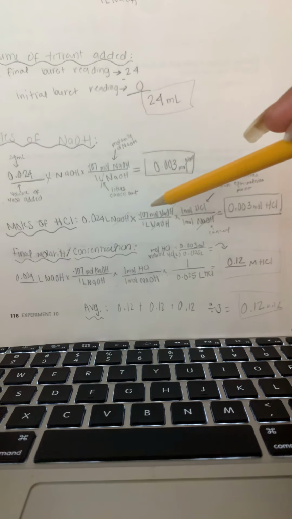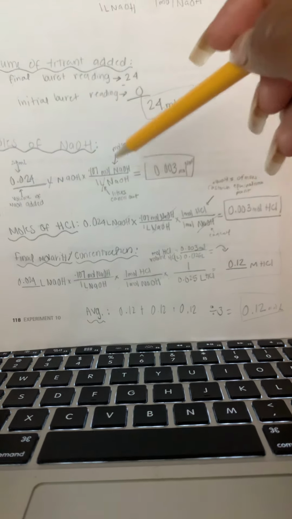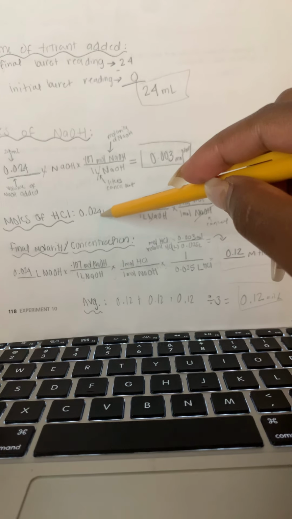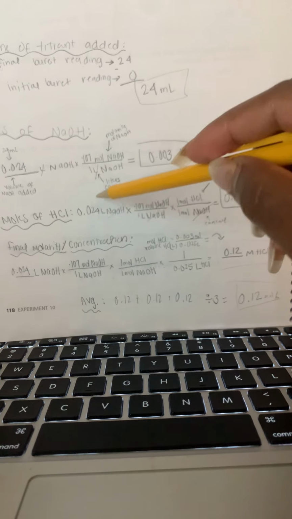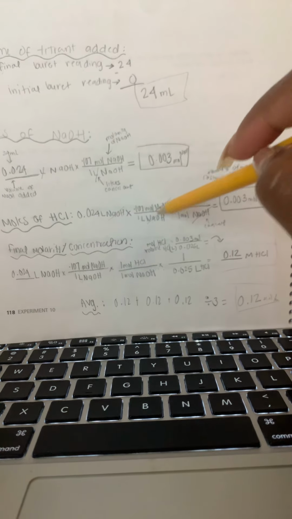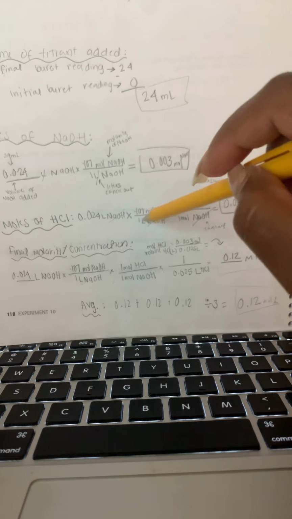Now for the moles of hydrochloric acid, we took the liters of the titrant, which was 0.024 liters of sodium hydroxide, and multiplied it by 0.107 moles of sodium hydroxide divided by the 1 liter of sodium hydroxide.